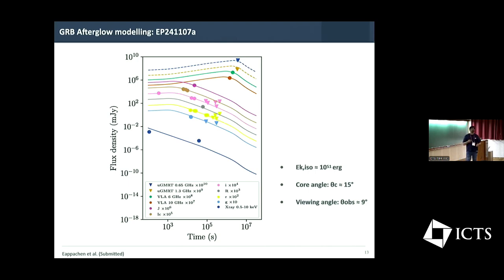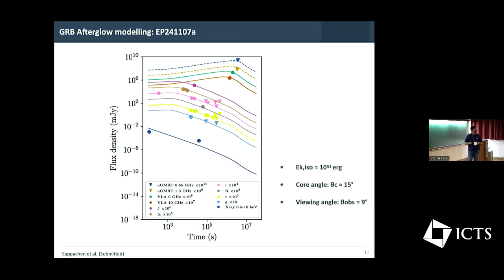Then we went on to do the afterglow modeling with afterglowpy, which is basically synchrotron modeling, and we used all the multi-wavelength data we have, along with the data available publicly. And thanks to the radio data, it helped us constrain the model better. So this is the best-fit light curve for 241107A.